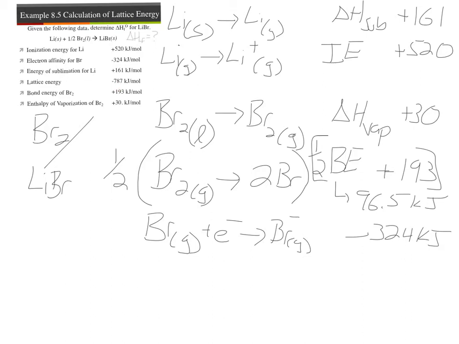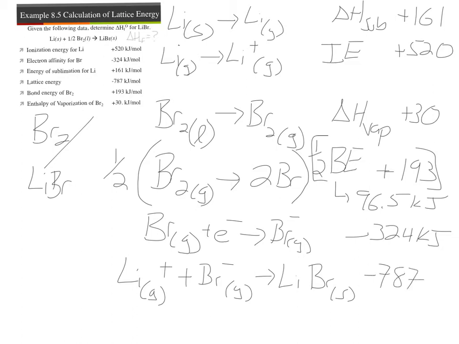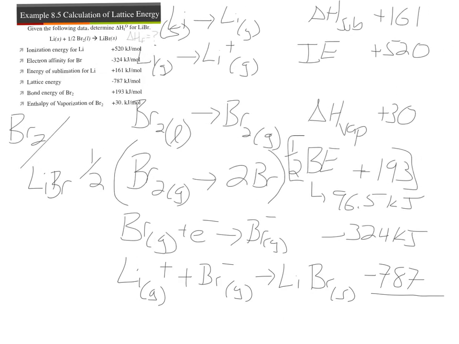So now I can actually take my ions, lithium gas ion plus a single bromine ion that is a gas, and that will make LiBr solid. And that term is negative 787. Okay. So this gives us everything we need.